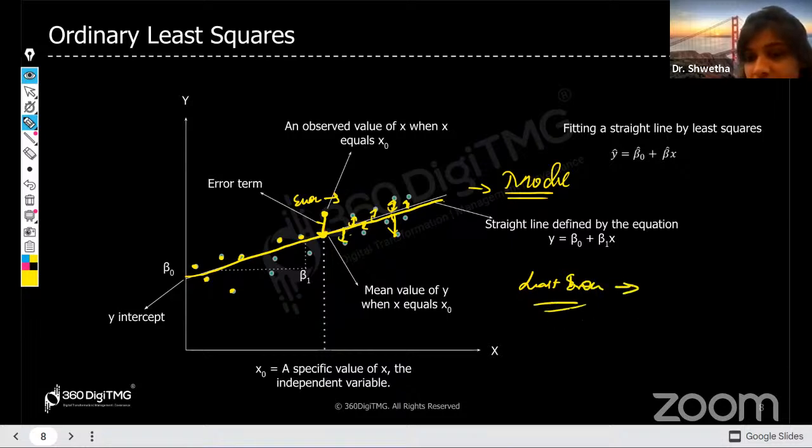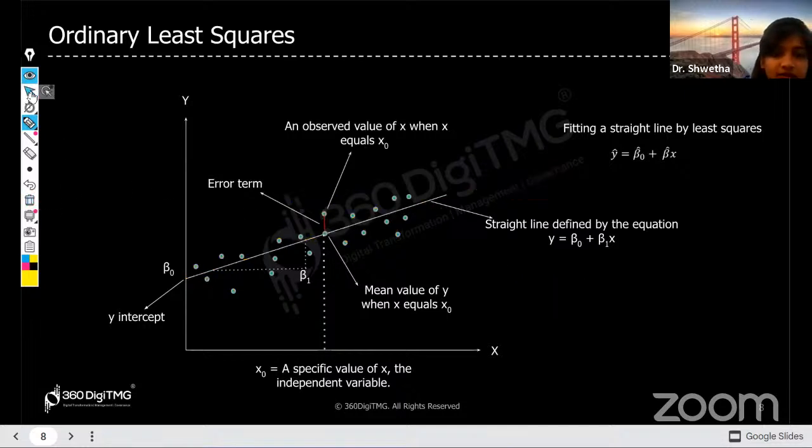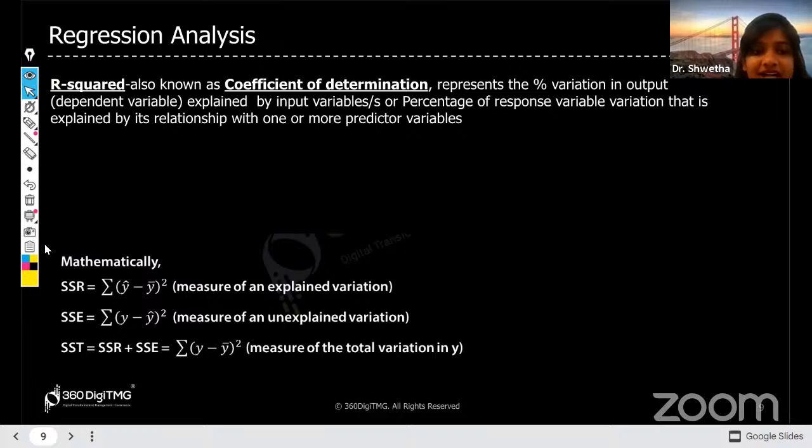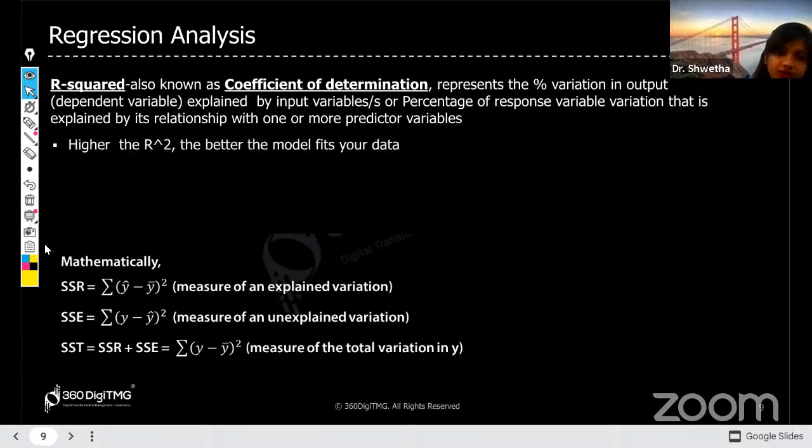Okay, so this line will predict well. That is why this technique is called the ordinary least squares technique. Now, R squared is also known as the coefficient of determination, and it will tell us how good the relationship is between the variables.